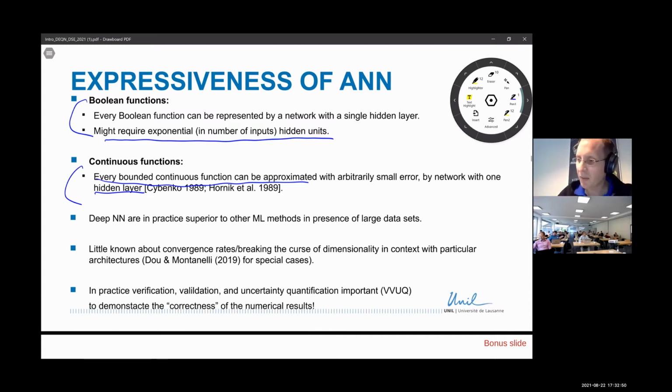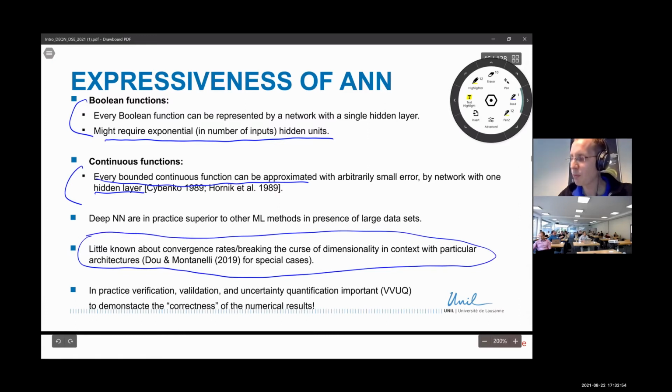Nowadays, there were recently some proofs, for instance, by Du and Montanelli in SIAM. They showed, for instance, that the convergence rate given a certain neural net architecture can be bounded by sparse grids. And sparse grids are relatively well under control. In particular, Bonn is the world center of sparse grids, so they may confirm that.